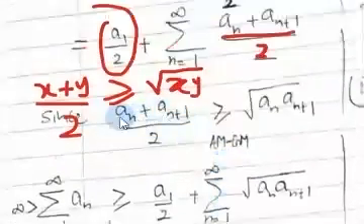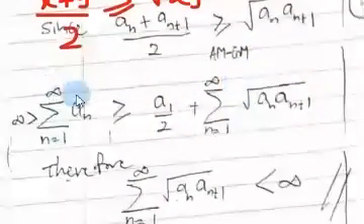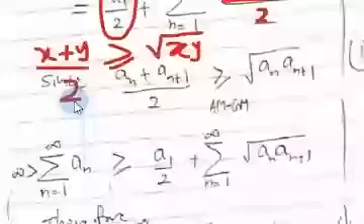Since this term is bigger than this one, this series is smaller than this series, because this one is the sum of a_n. Since we know that this series is convergent, the sum of this infinite series is finite.